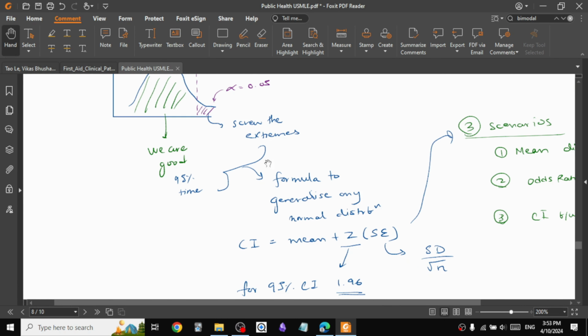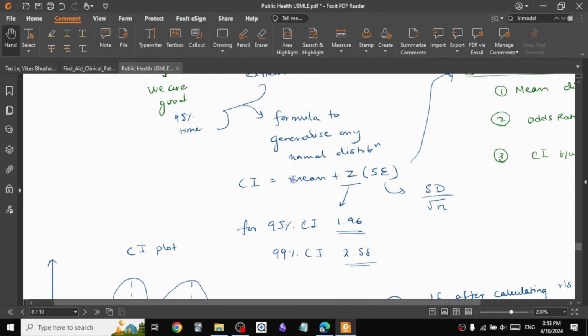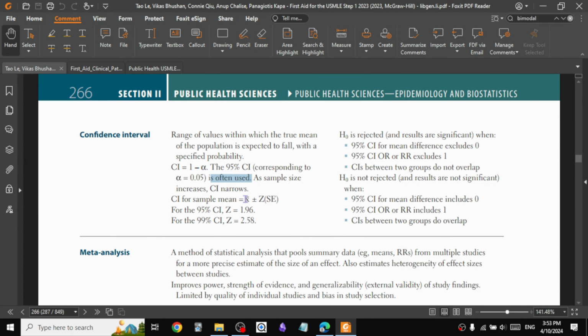So how do we generalize and make a formula based on this distribution? We take the mean, the population mean, the true mean, plus or minus the z score multiplied by the standard error, depending on which side of the mean you are. You'll see this here as well.